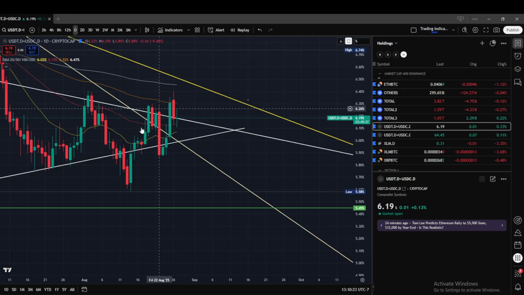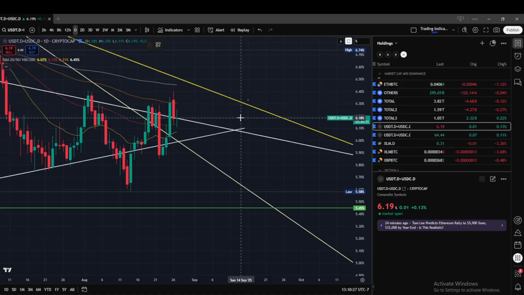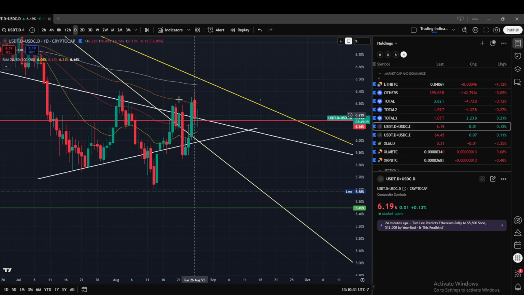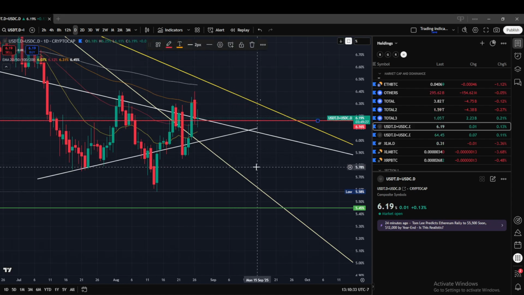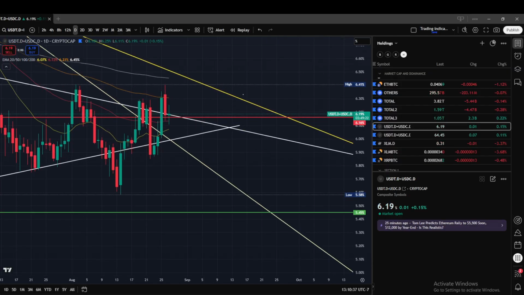We do know that level. I'm just gonna mark it so I don't have to leave that up. $616. Right, we got to close below that. In terms of where we could possibly go, right?